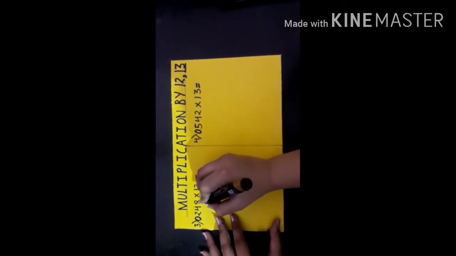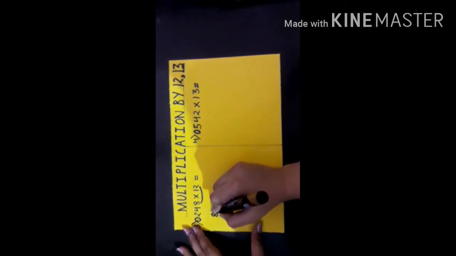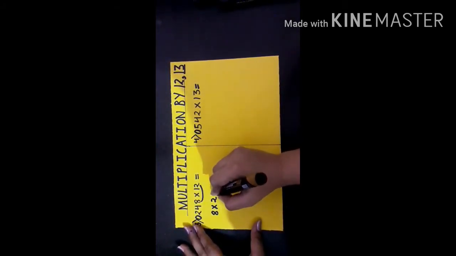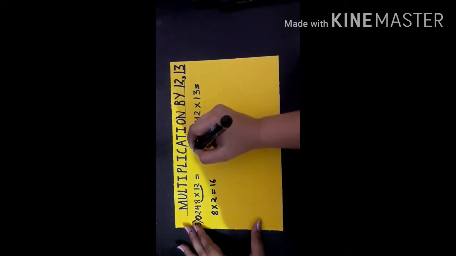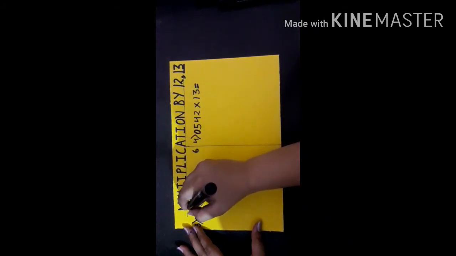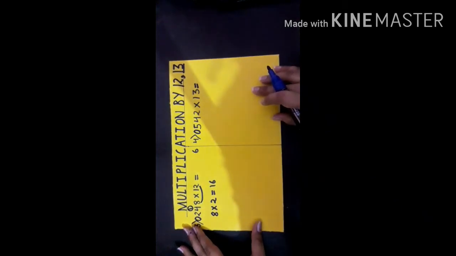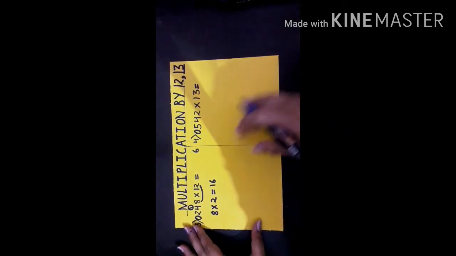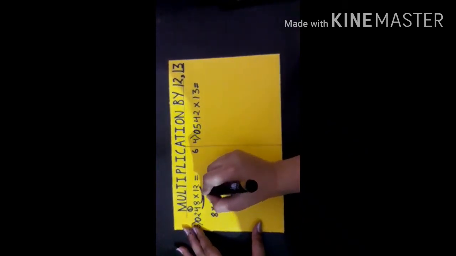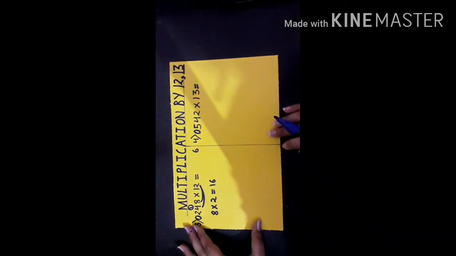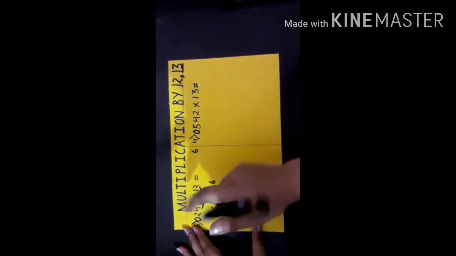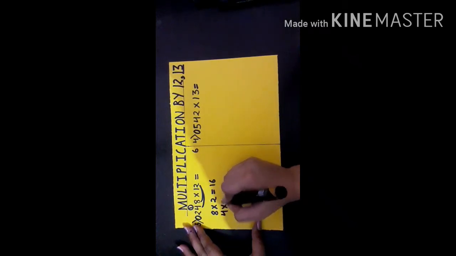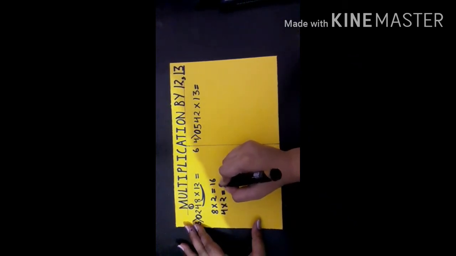First of all, multiply 8 with 2. 8 2s are 16. 6 here, 1 will go carry. Now again multiply 4 with 2. 4 2s are 8.